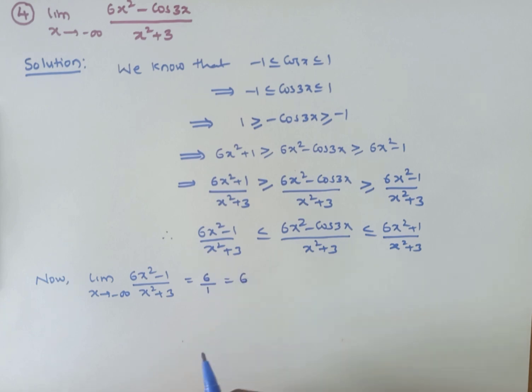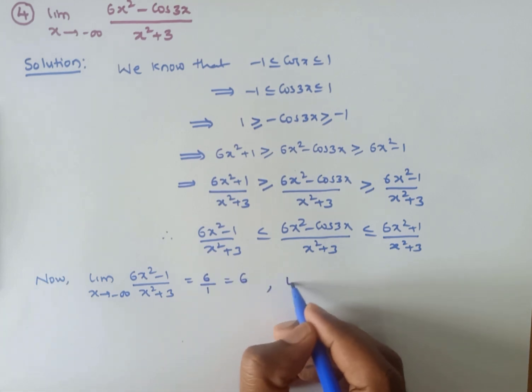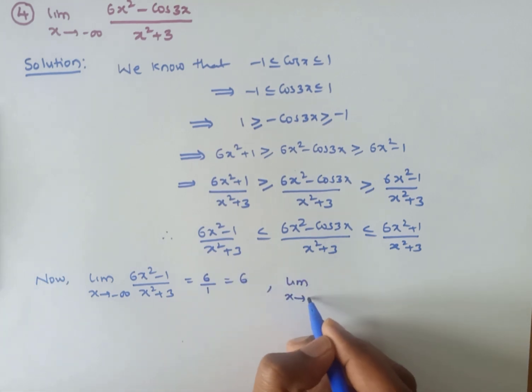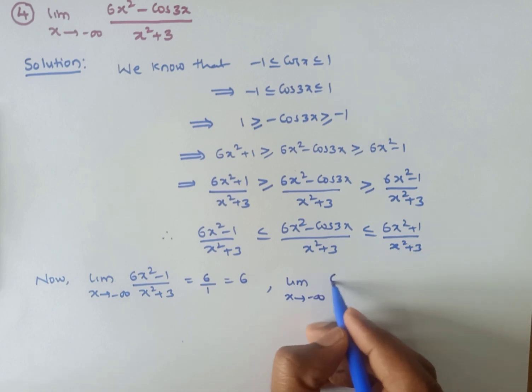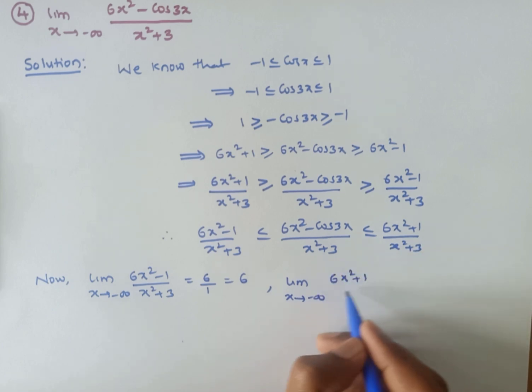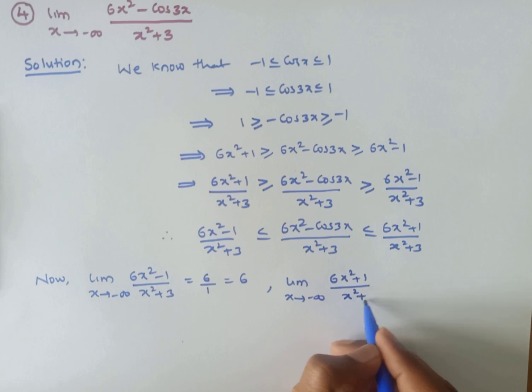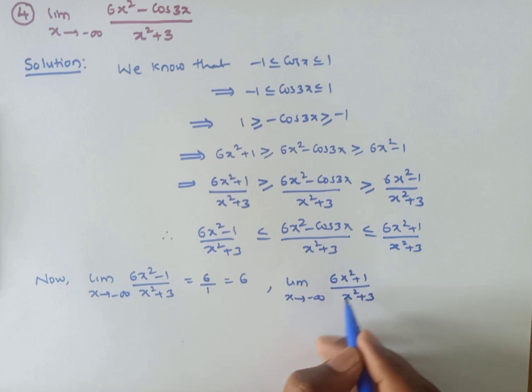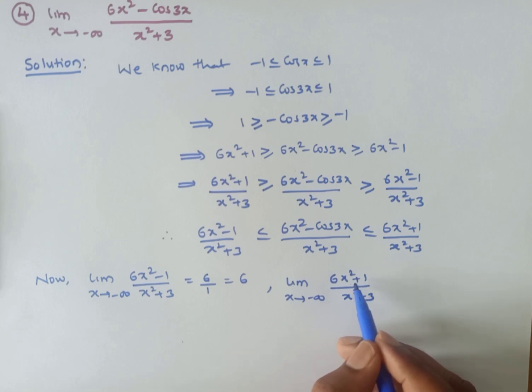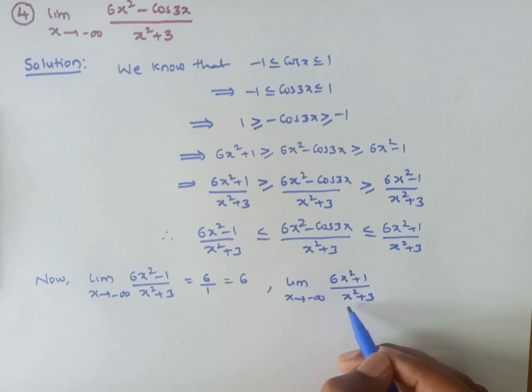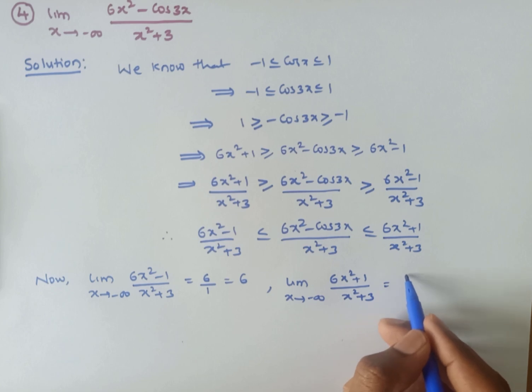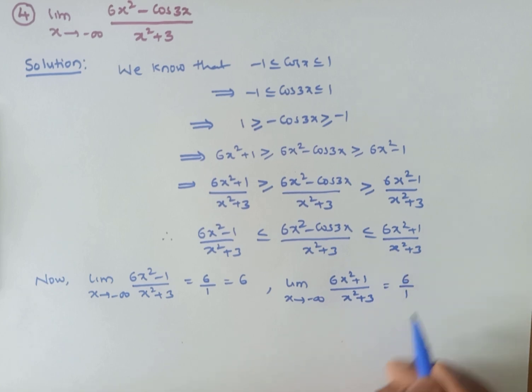So this is 6. And the limit as x tends to minus infinity of the right function, 6x square plus 1 by x square plus 3. Again it is a rational function. The degree of the numerator polynomial is 2 and the denominator polynomial is 2. When both are the same, the answer is the ratio of their leading coefficients. This is 6.